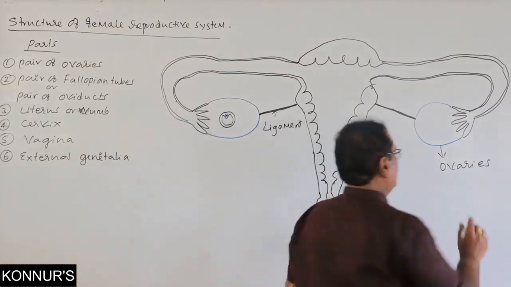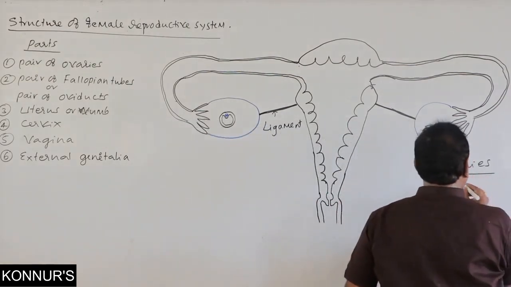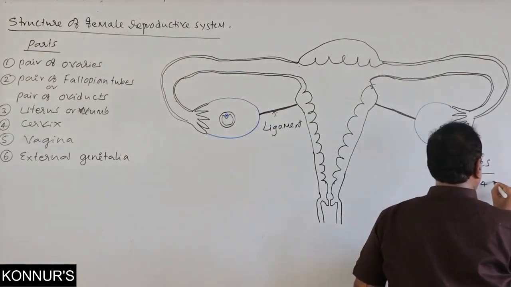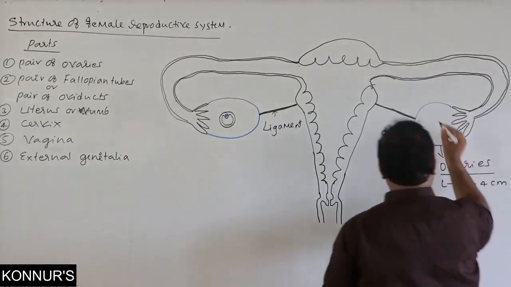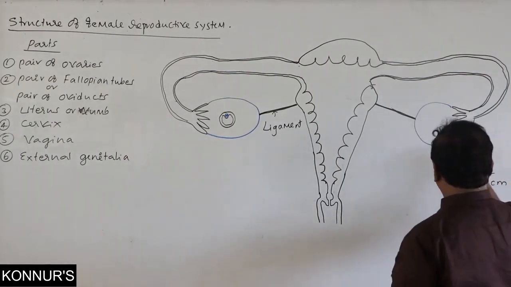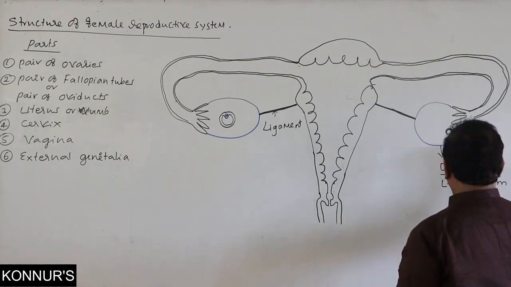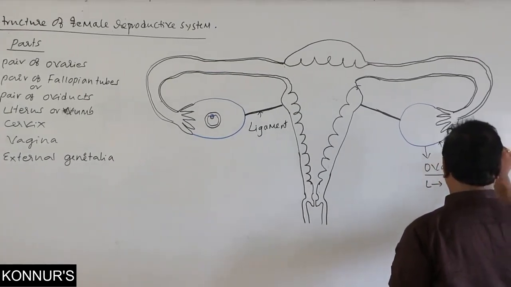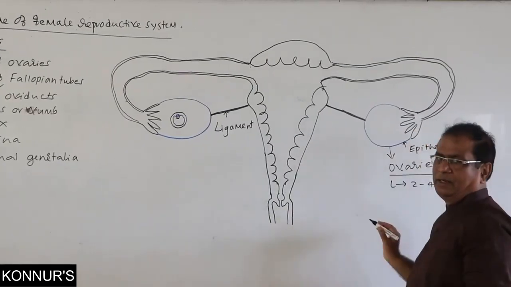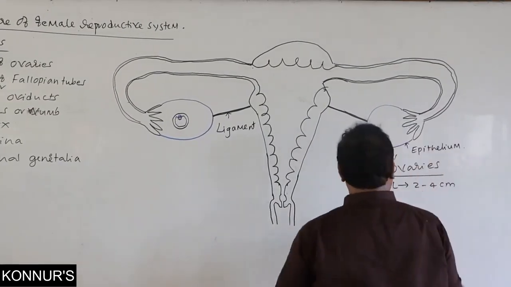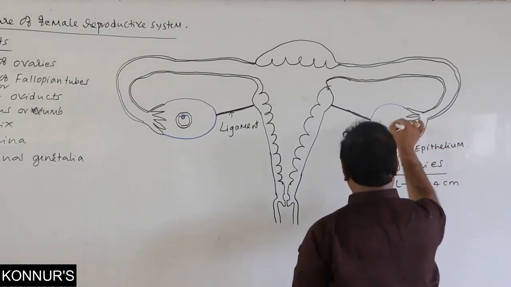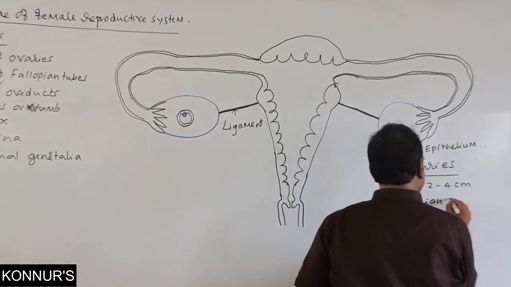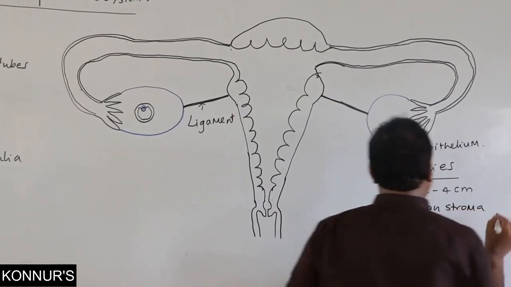The ovary's length is around 2 to 4 centimeter and it is covered by a thin epithelium, and that epithelium encloses the ovarian stroma inside.